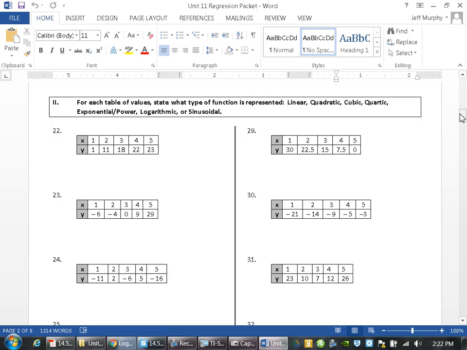When we looked at our lists, trying to decide whether it's going to be some form of polynomial versus exponential, power, logarithmic, or sinusoidal, the quickest thing to check yourself with is to do an L1, L2. We can do L1, L2, or we can check finite differences.